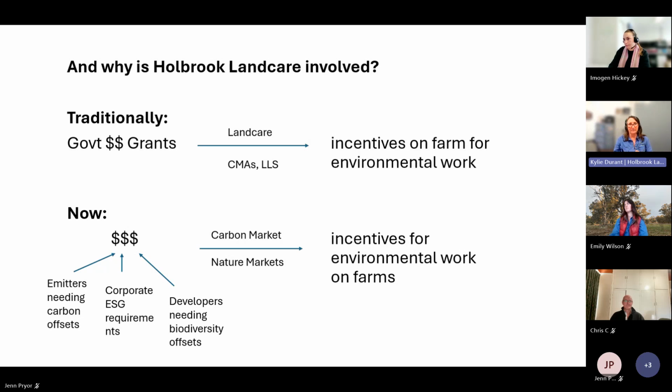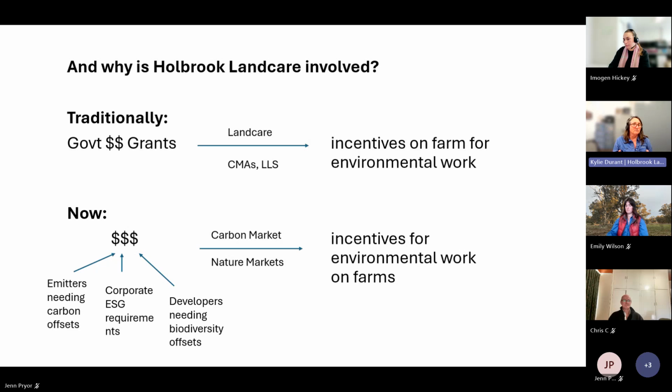So the likes of Landcare and the regional NRM organisations, we apply for grants and we're able to get funding, and that filters down to incentives for farm environmental work. So that's how we've always done things. And so Landcare being a conduit for getting that work done by providing funds to farmers.